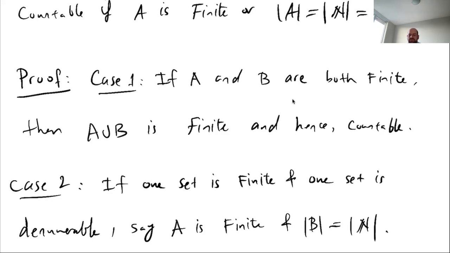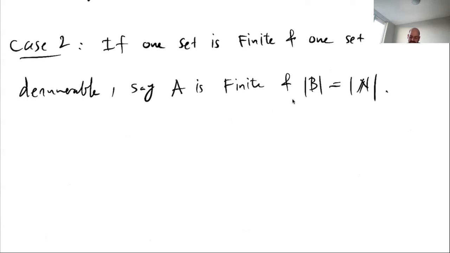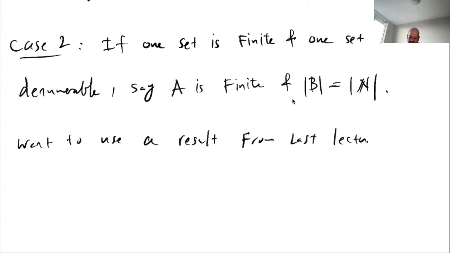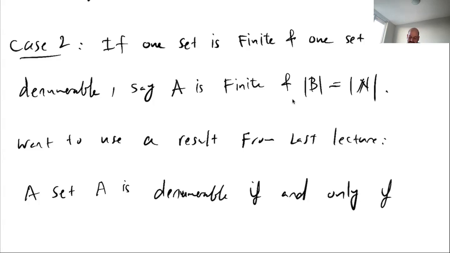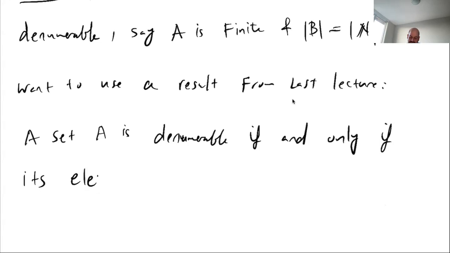So how can I show that A union B is denumerable again? I want to use the result from last lecture, which was saying that a set A is denumerable if and only if its elements can be listed.